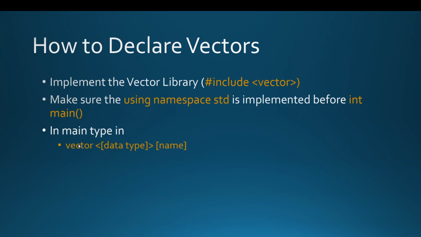So vector, and inside the angular brackets, string, and then a name. Let's just say employee name, for example. Or actually, let's do enemies, so that way you have some taste of game development.